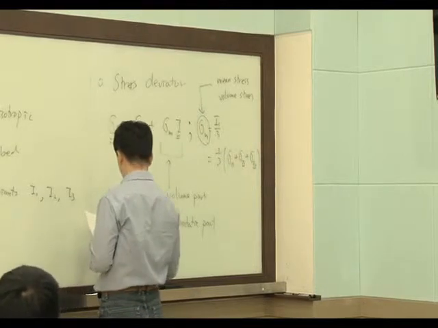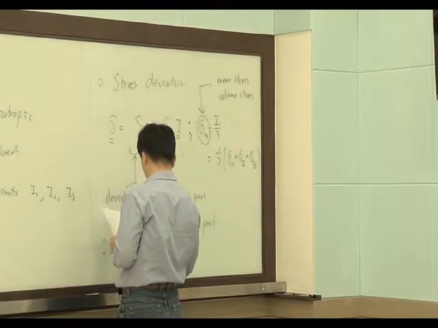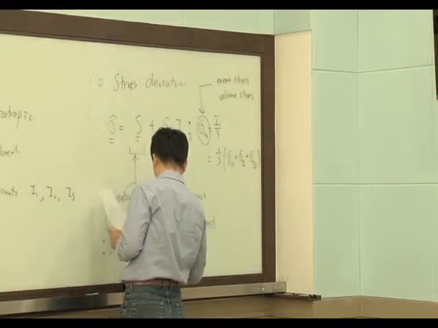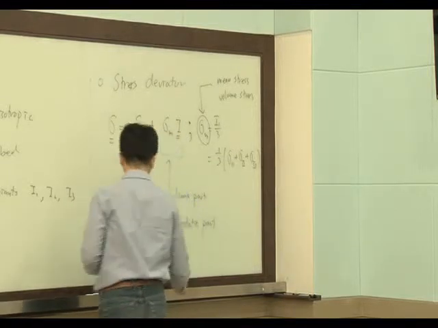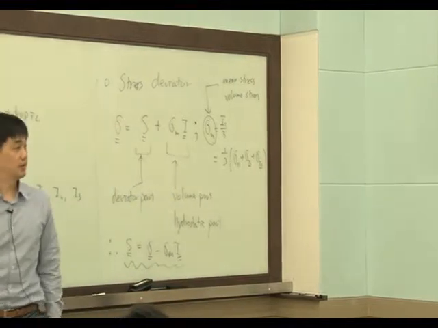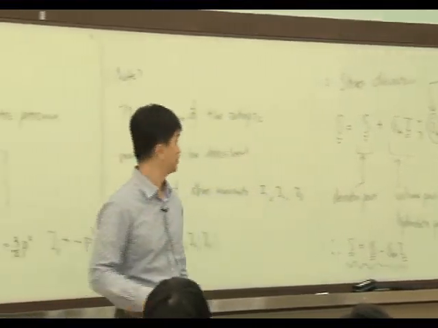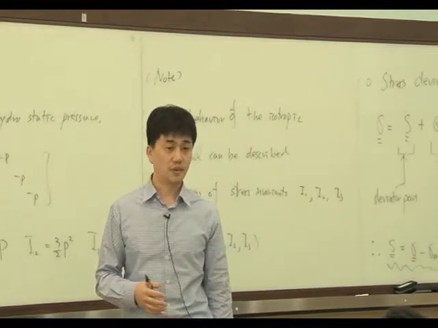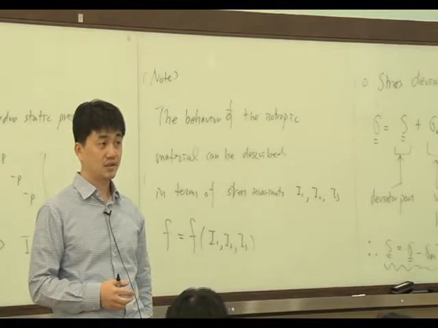The deviator part can be calculated like this. The volume part has the shape of hydrostatic pressure, right?